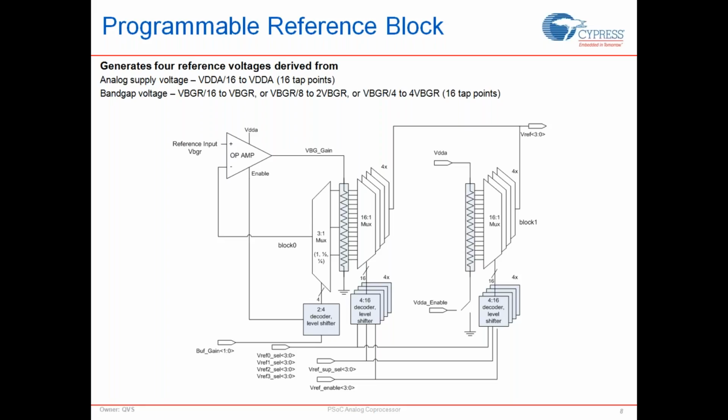On the other side, you have the VDDA-based references. This is important when, let's say, you have an external Wheatstone bridge that's being driven by a VDDA-based excitation signal. Variations in the VDDA are going to bring an error into the actual signal that you see at the input of the ADC.